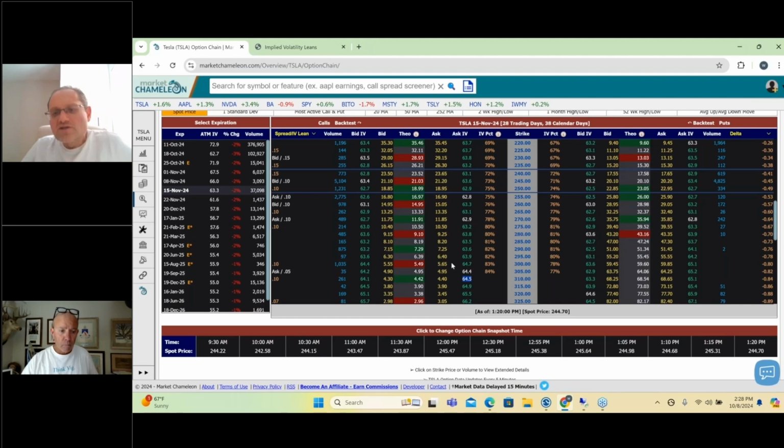Okay, so that's really quickly. If we scan with our eyes, we see where those implied volatility leans pop out. Here's one in the puts, on the ask. Here's one in the bid. Sometimes the implied volatility lean could be more dramatic.